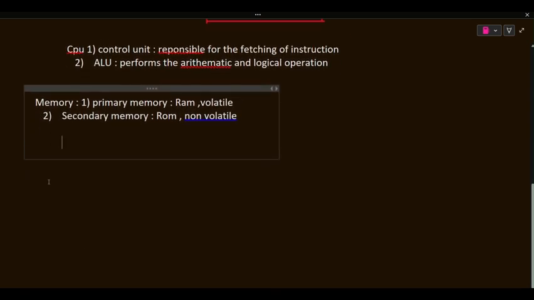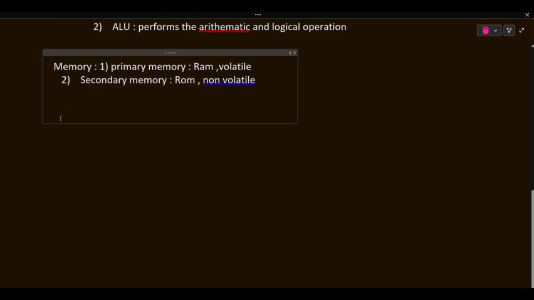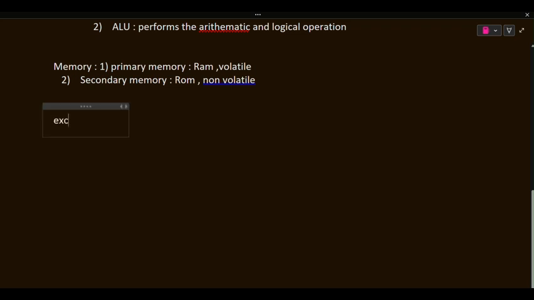And next, we are going to see how a process is executed in a computer. Let us suppose a user created a C program in a file.